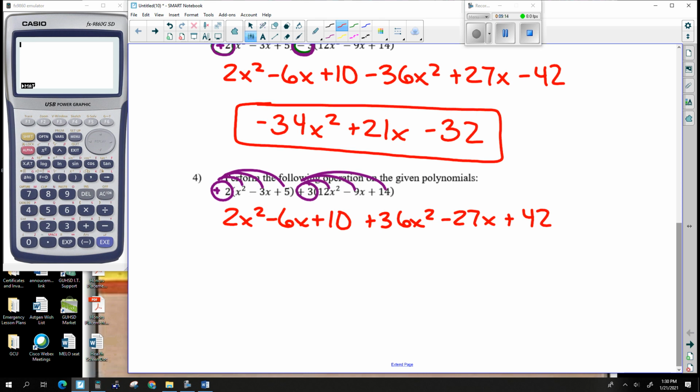X squareds go with x squared, so 2 and 36. X's with x's, so negative 6, negative 27. Normal numbers with normal numbers, 10 with 42.